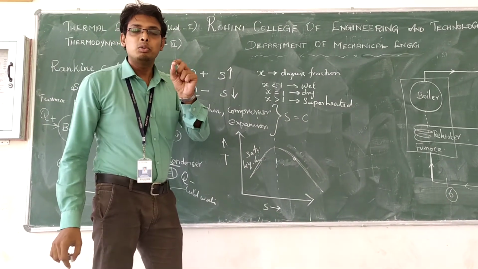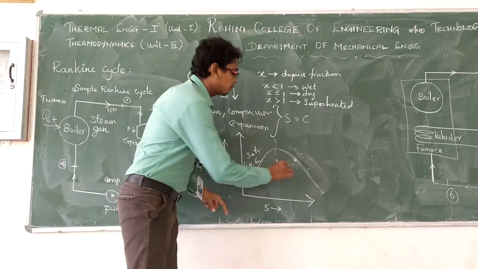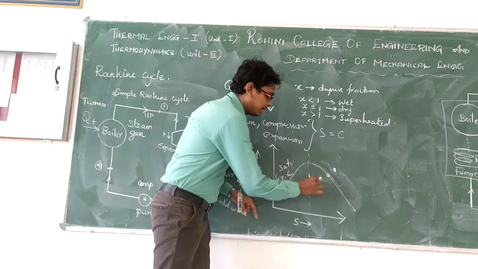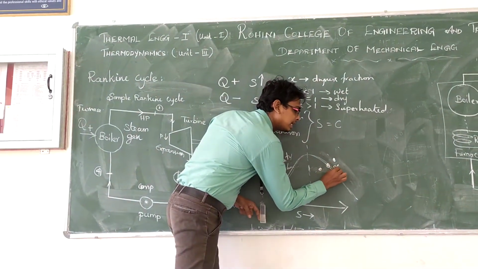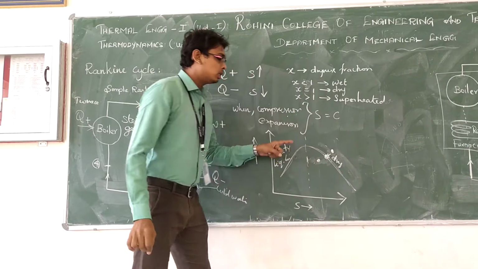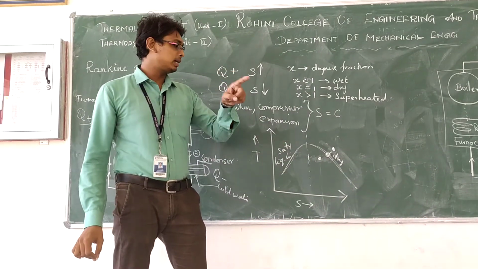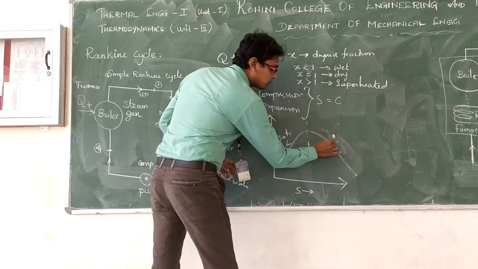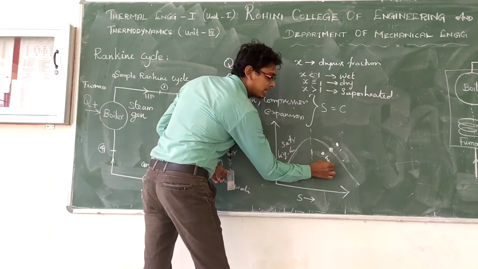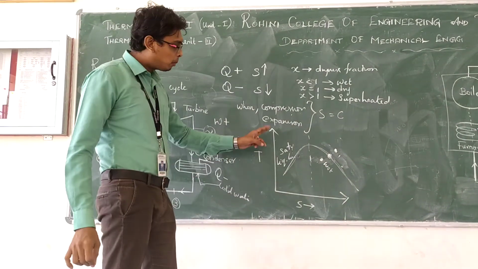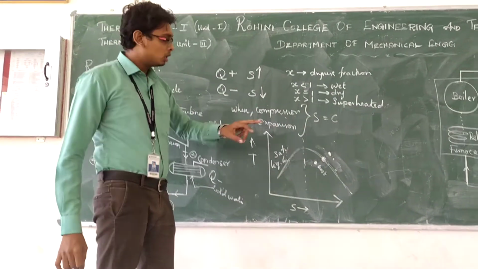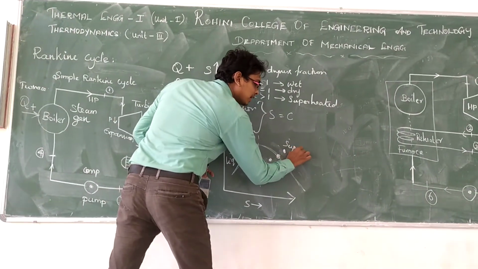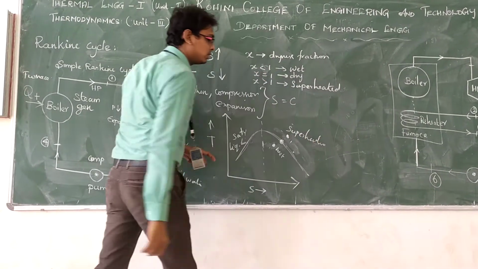Always remember, you can keep any point here or here, whatever it may be, but the point on the saturation line always represents the dry condition of the steam. And the point inside this line is said to be a wet condition. And the point above the saturation line is always said to be superheated. Do you understand this?